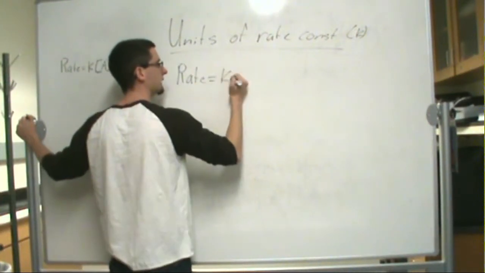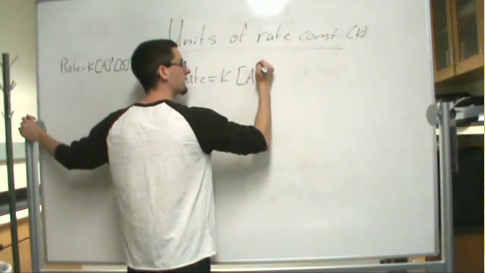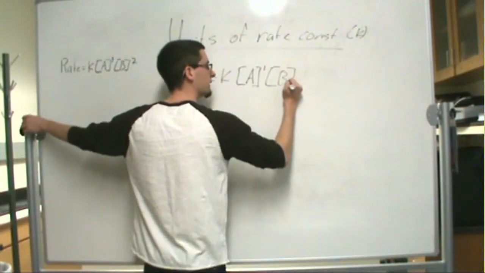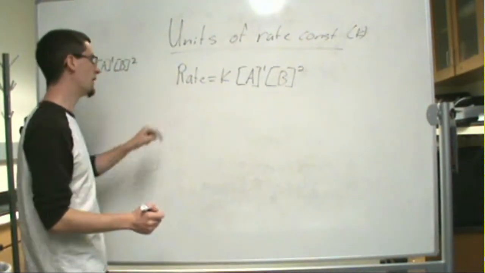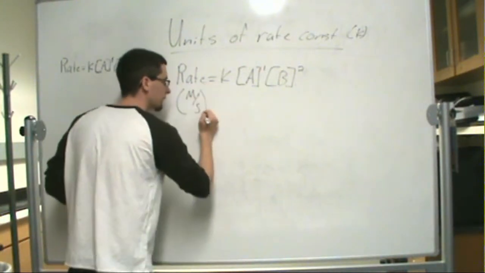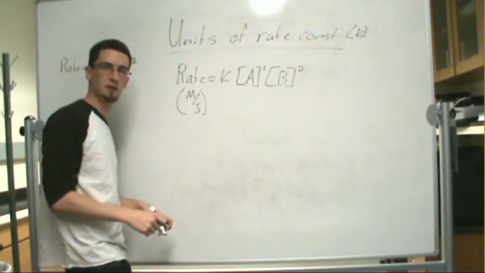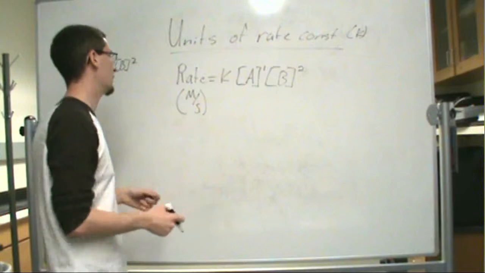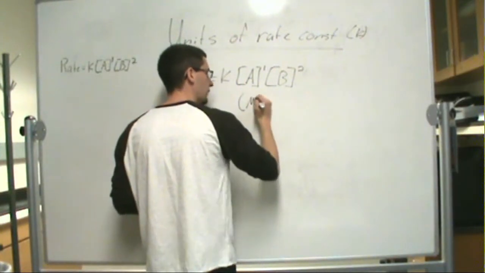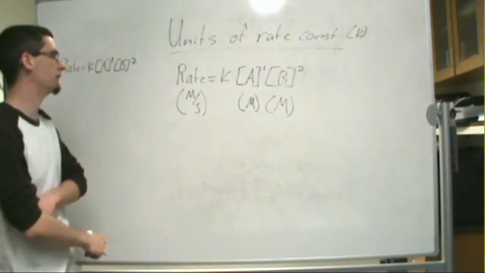Rate is equal to k, well, we'll just go with the one we actually have, A to the power of 1, B to the power of 2. Now, our rate must be in molarity per second, assuming the concentration of our species is given to us in molarity. So each of these is going to be molarity for their units, and notice that they're raised to coefficients.